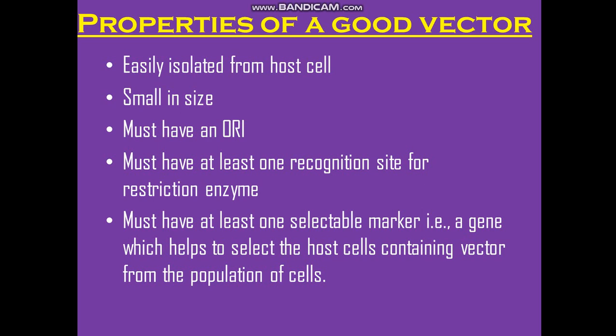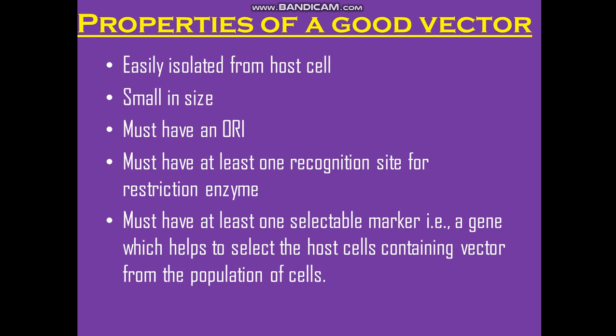So when we are introducing the recombinant DNA into a host, sometimes the host readily takes up the vector. Remember, whenever I am telling you about the vector, I mean that the vector is carrying the DNA insert. When the vector is readily accepted by the host, how will we come to know?